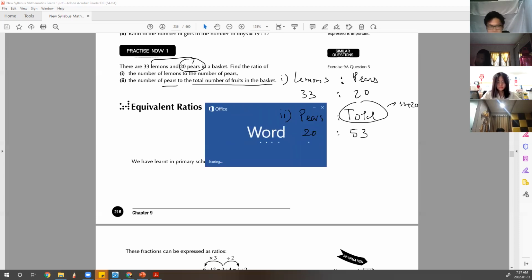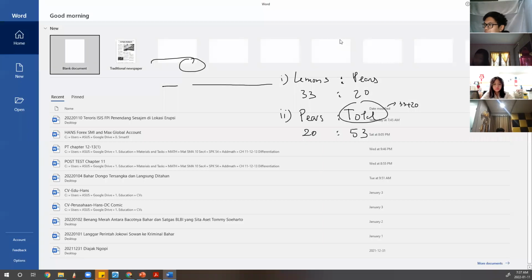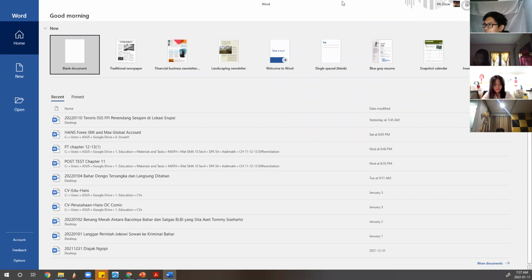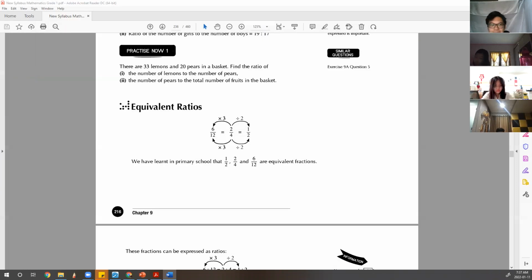Oh, it's laggy. Please, a while. Wait, what happened? There you go. I have to put it on the second screen. Okay, continue.